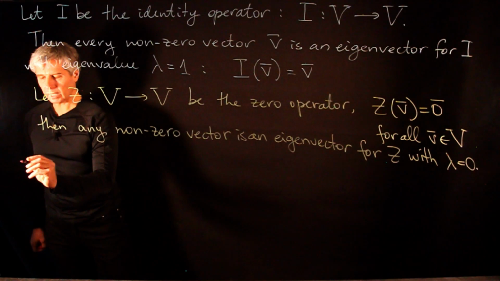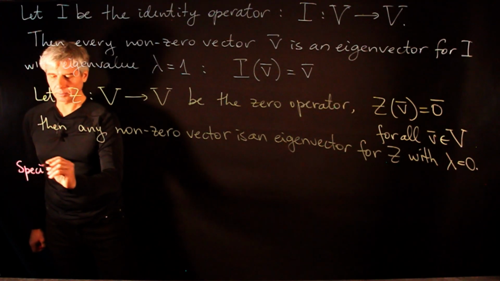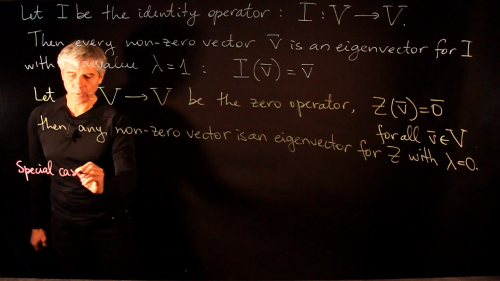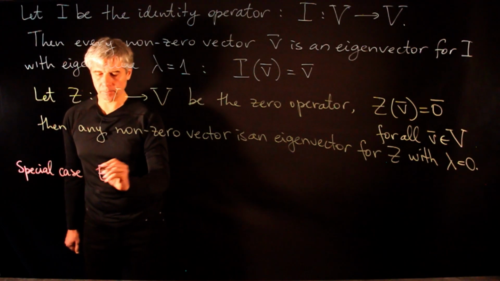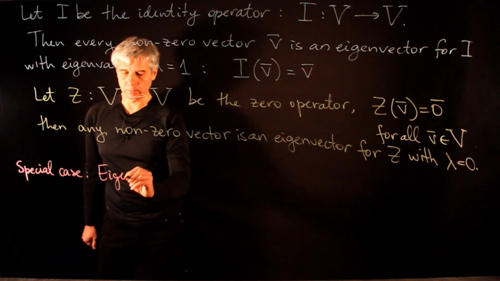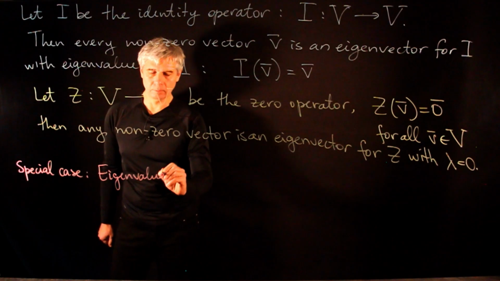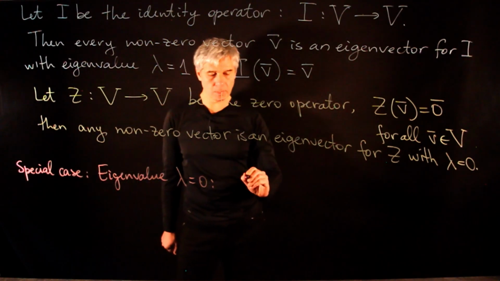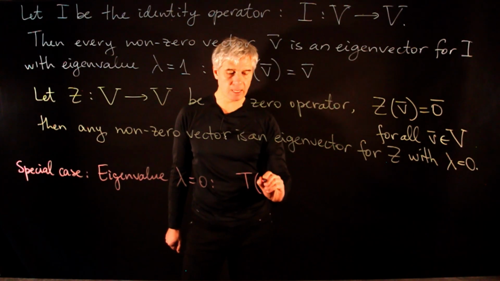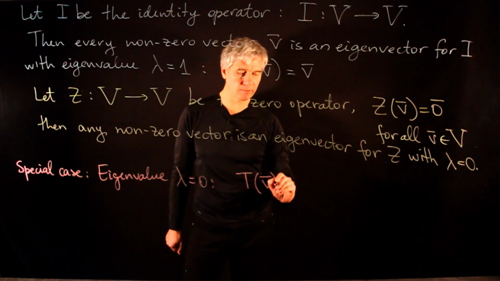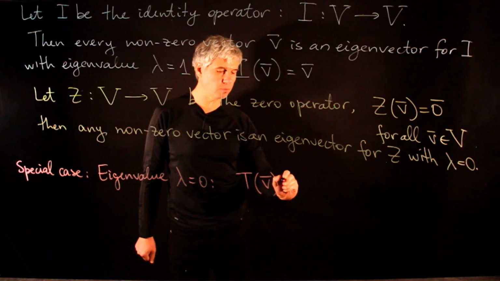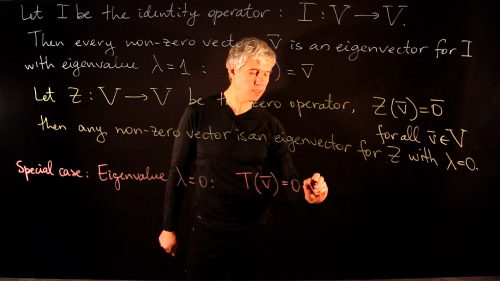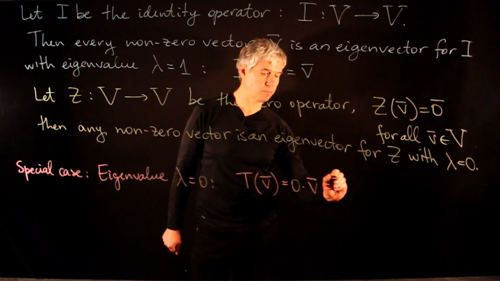Now let us look at a special case. When we take eigenvalue lambda equal to 0, what does it mean? This means that a vector V is an eigenvector with eigenvalue 0 if T applied to V is equal to 0 times V, which is the 0 vector.